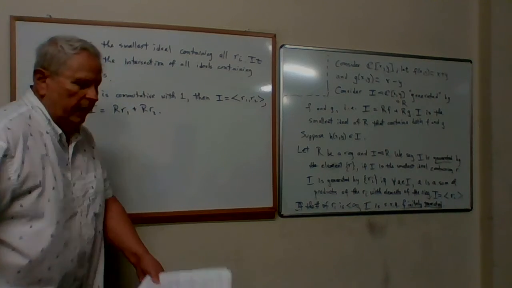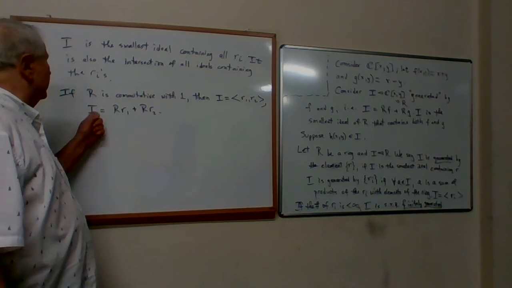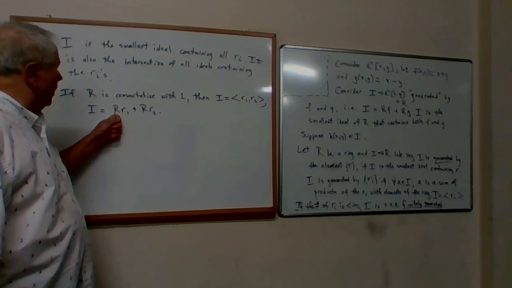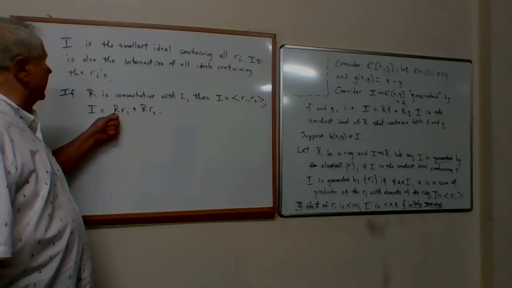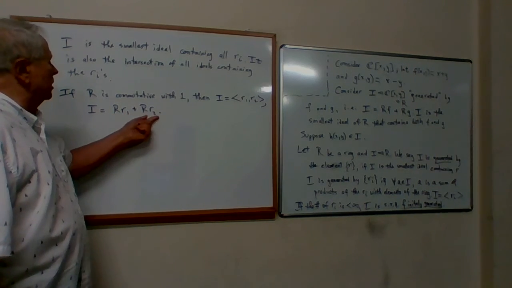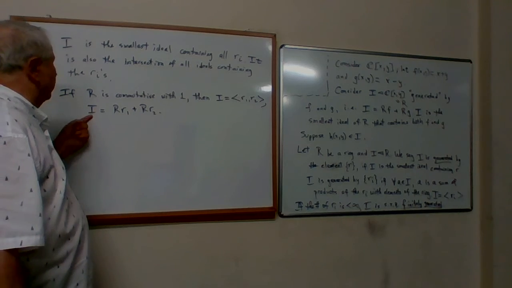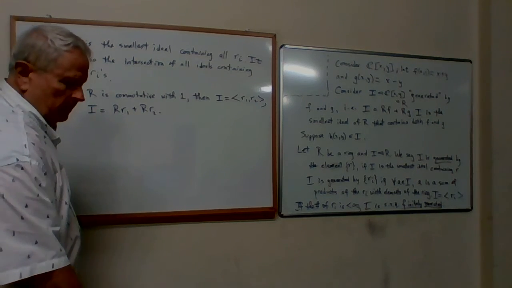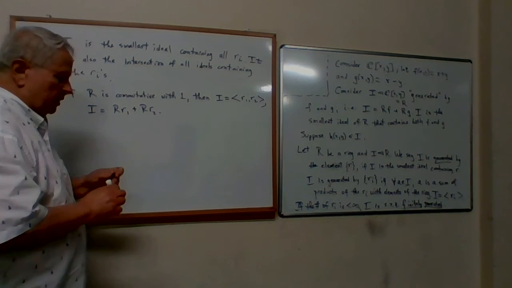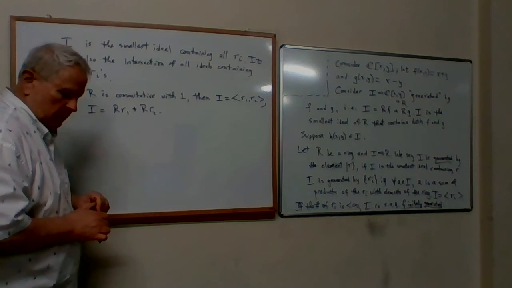It's very simple. And of course, r1 and r2 are in this ideal because if 1 is in the ring, then r1 times 1 is in here, r2 times 1 is in here, both of them are contained in the ideal. The problem comes if R is non-commutative.